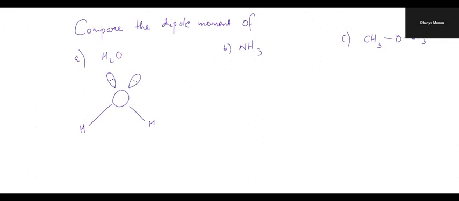Now, there is dipole from the less electronegative hydrogen to more electronegative oxygen. Also, there is dipole from atom to lone pair. Okay. So here, the dipole moments are not cancelling each other. There is a net dipole moment.